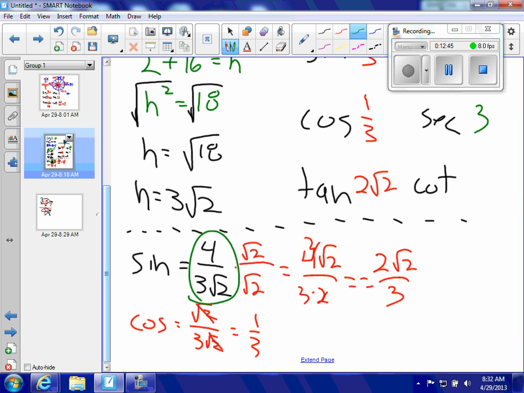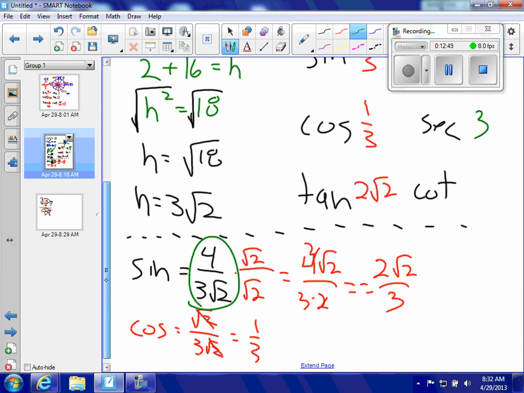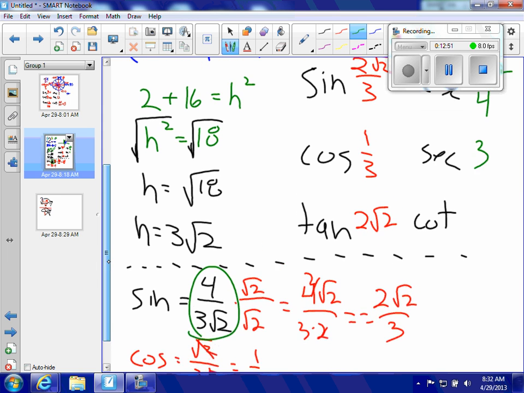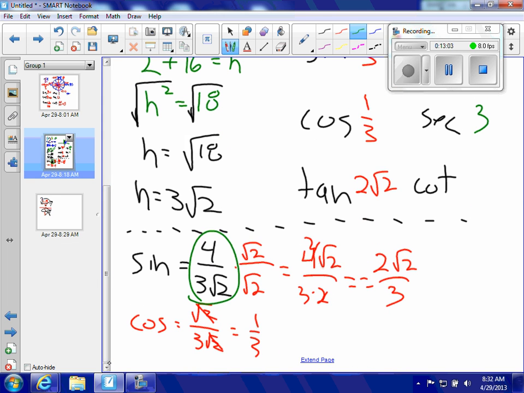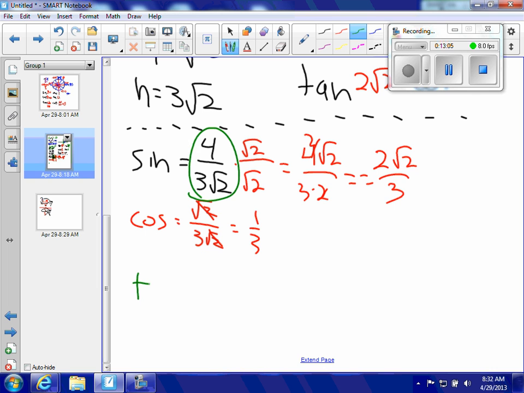I have to look now. So my tangent is going to be, so I would actually have to sit there and calculate. So my tangent is going to be cosine over sine. So it's going to be 1/3 divided by 4 over 3 radical 2.